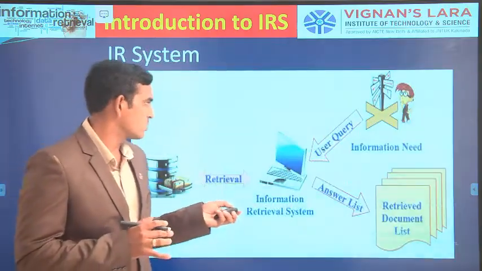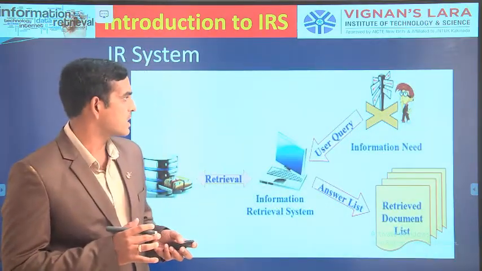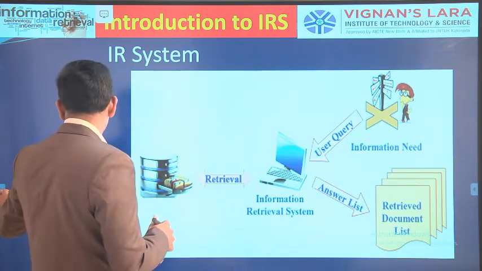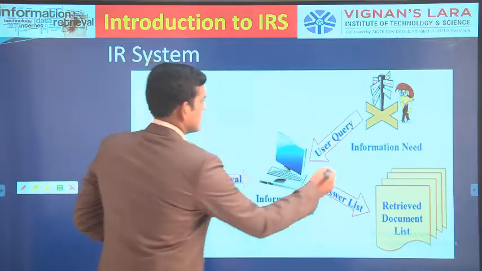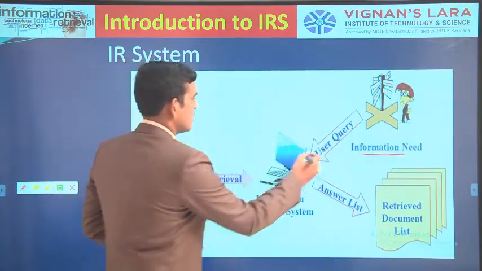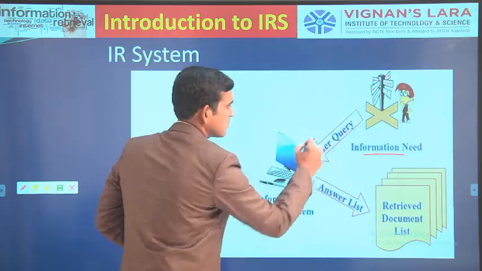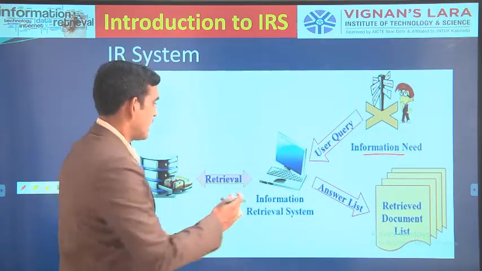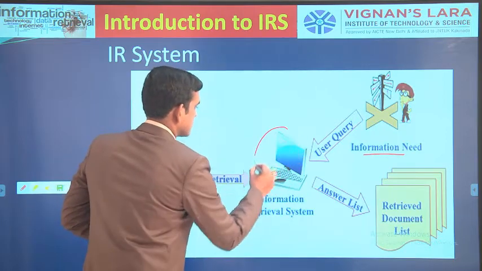I showed you the information retrieval system in the last session. Basically there will be an information need. The information need will be given by the user, so the user will provide a user query. This user query will contain the information that particular user needs, and it will be sent to the IRS system.